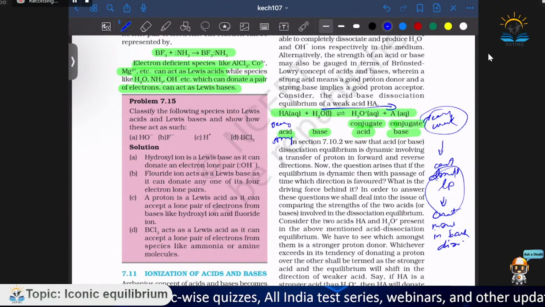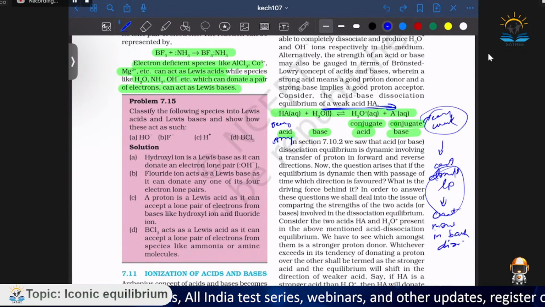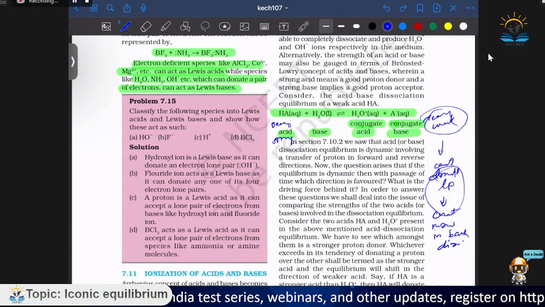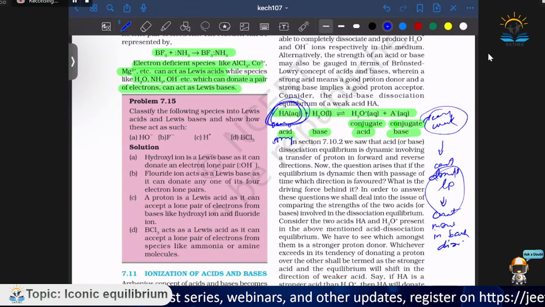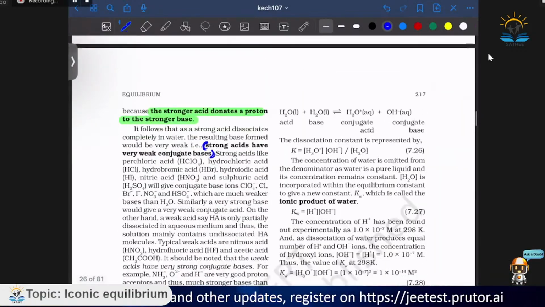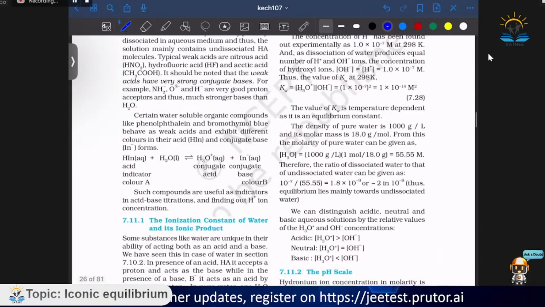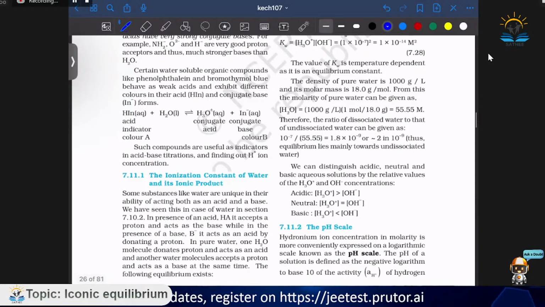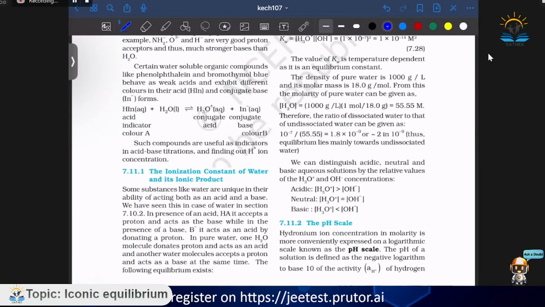So definitely the majority of the reaction will be forward only. No backward reaction will be observed easily, which proves that your acid HA is strong if it has a very weak conjugate base. Done.